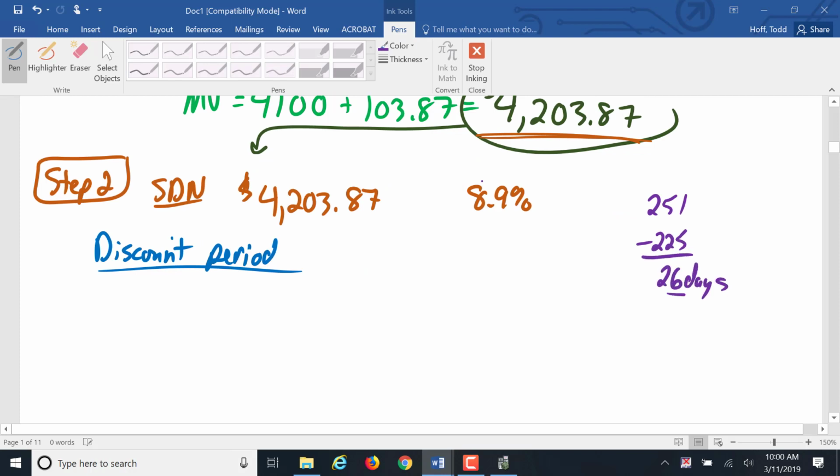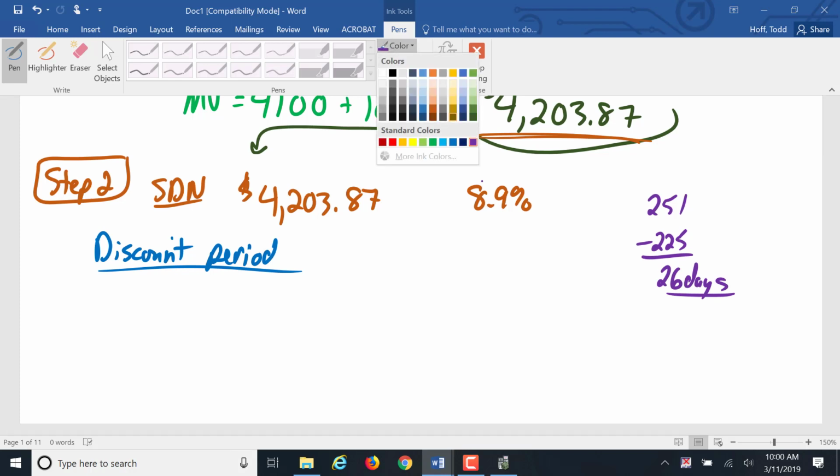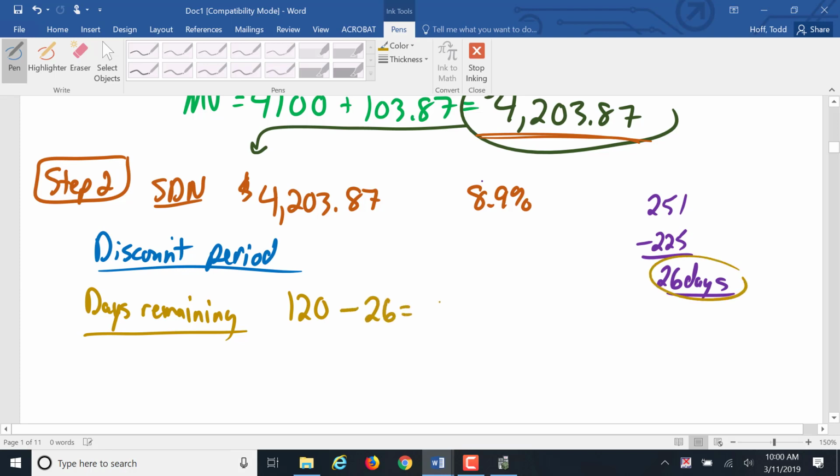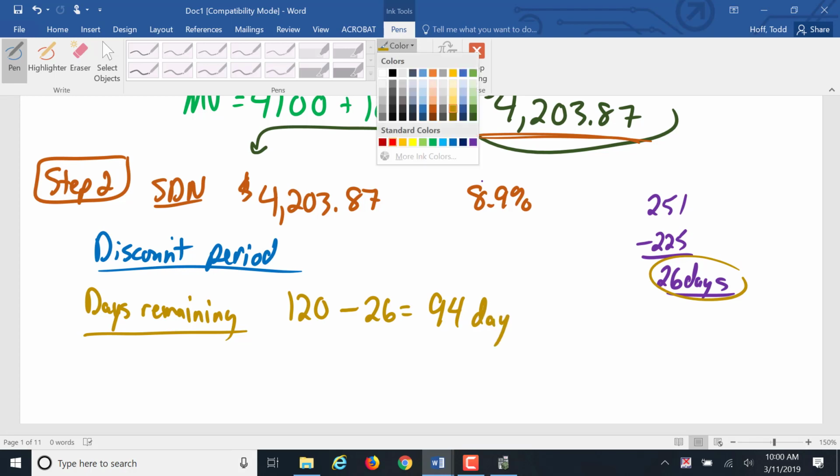That is the number of days gone by in the original note. We need the days left, or days remaining, if you want to use that word. So we take the original term of 120 days and subtract the 26 days that have already gone by to get a 94-day discount period.